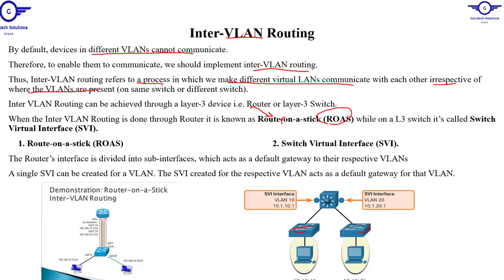Whenever we implement inter-VLAN routing on a layer 3 switch, then it's called switch virtual interface, SVI.